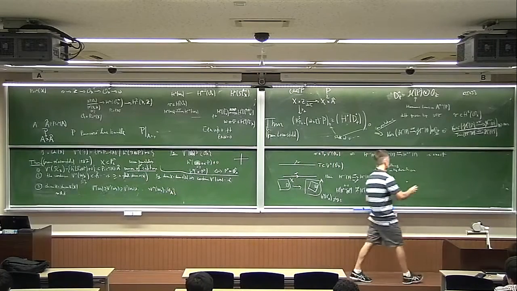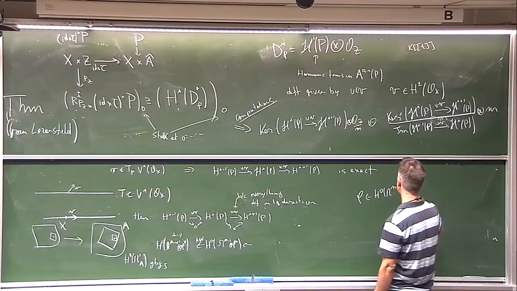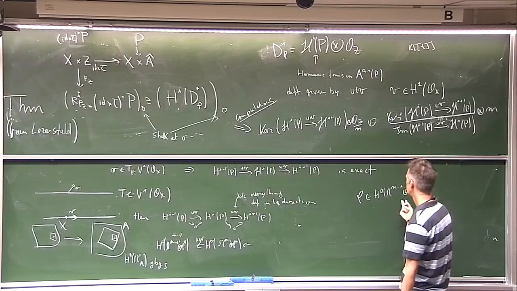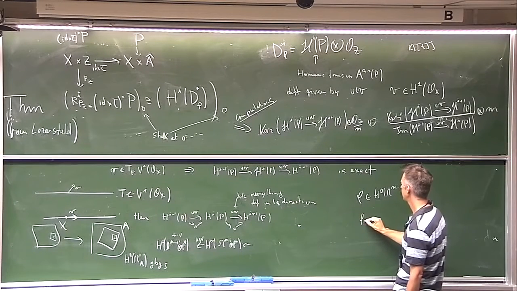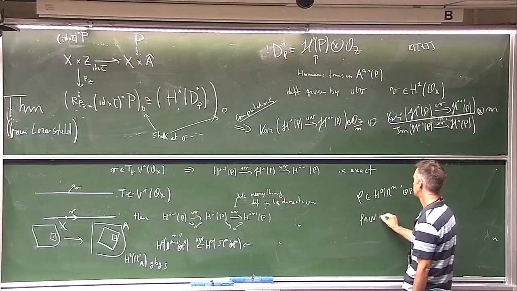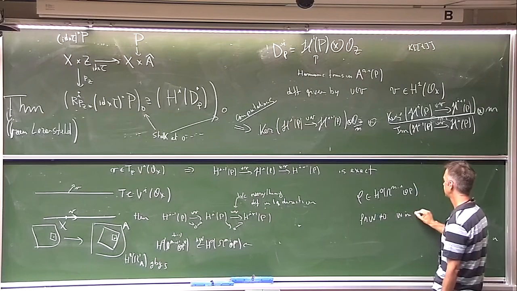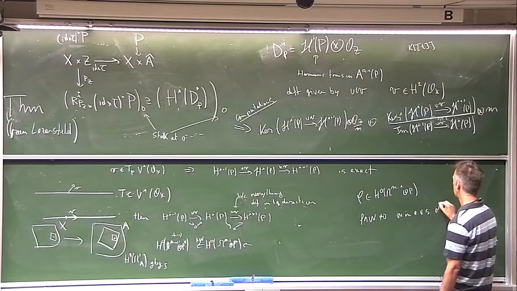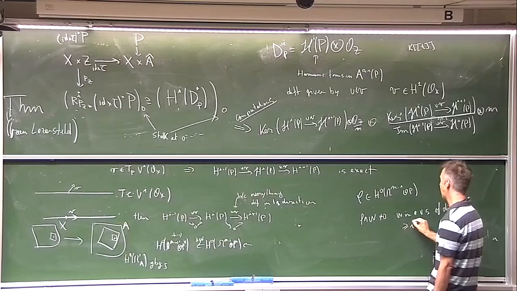So you have phi in H^0 of omega^{n-i} tensor P. Then you see that phi wedge omega is non-zero for omega in a vector space of dimension at least i.